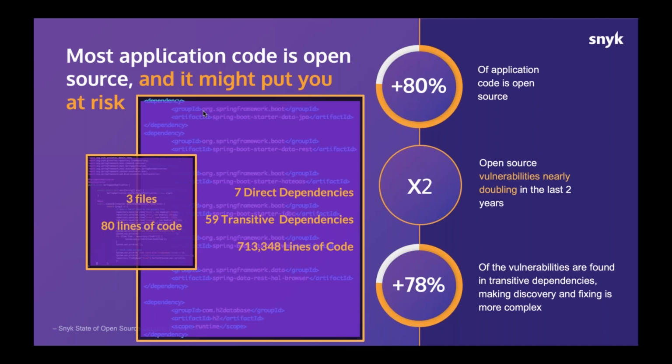An interesting stat here is that 78% of the vulnerabilities are actually on those transitive dependencies, the indirect ones that are being pulled in. So this is just to give a picture of why this is such a prominent issue, and how understanding exactly what you're using and how is not an easy task, and definitely needs some aid from automation all around.